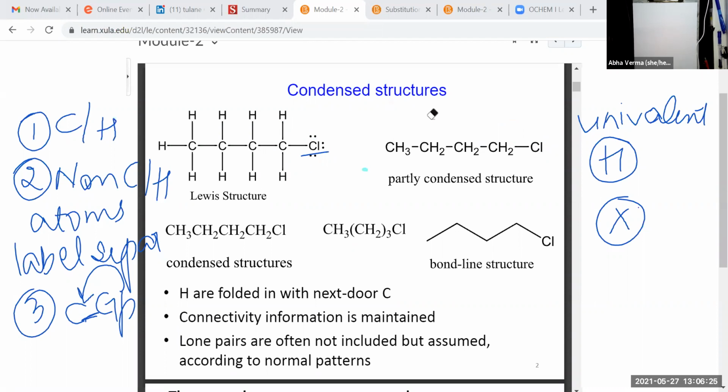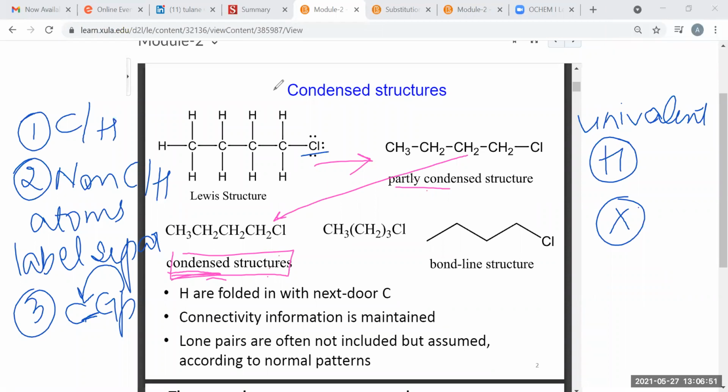Now from here, I will show you what a condensed structure is. Let's do the condensed structure first. What did I do in the completely condensed structure? Between condensed and partly condensed, what is the difference that you are seeing?